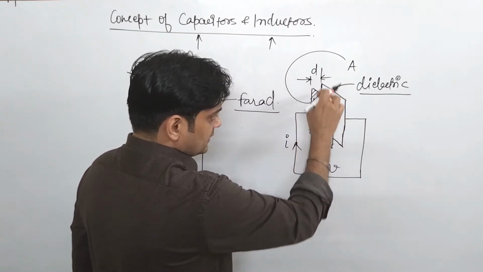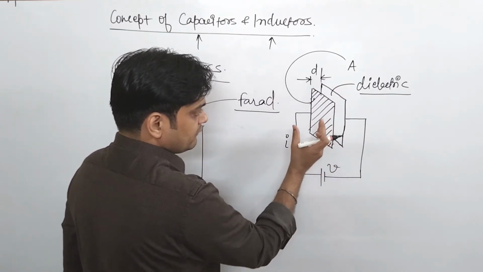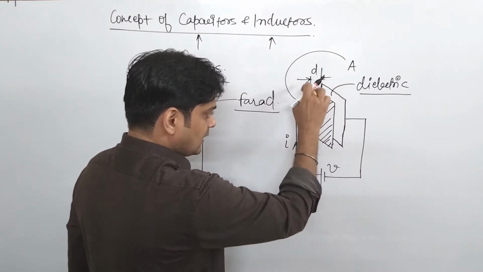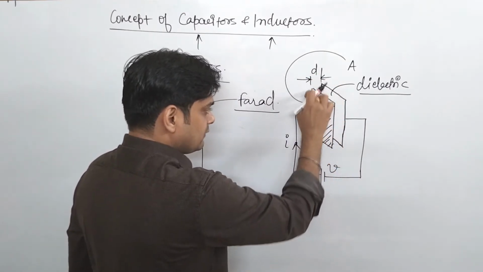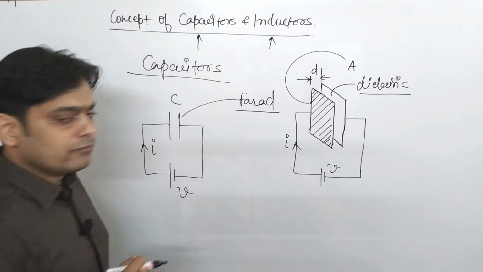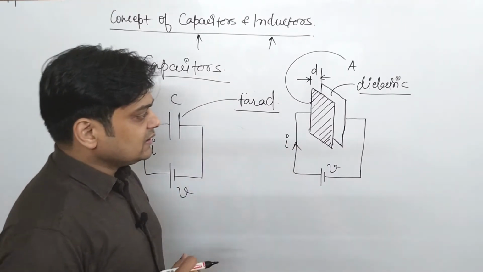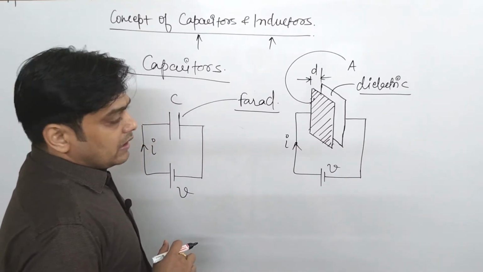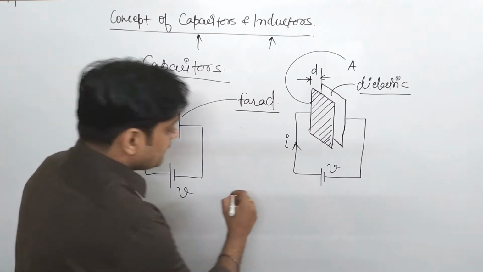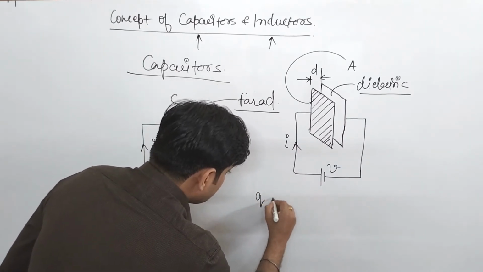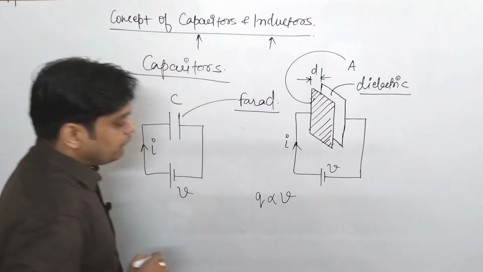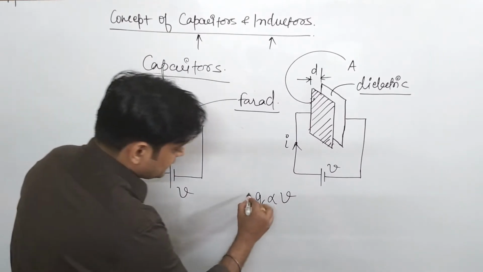this arrangement has two parallel plates kept at some distance d, with a cross sectional area of A. Under this condition it was given that Q is directly proportional to V. What is this Q?